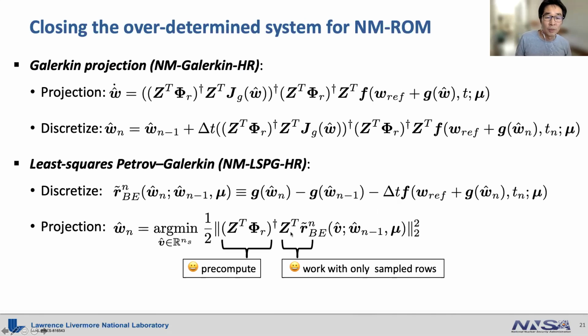Most of the times we apply a sampling matrix with more sampling points than the basis, so the pseudo inverse is necessary. But as long as the number of sample points is more than the basis size, it becomes stable, and the pseudo inverse is numerically okay.